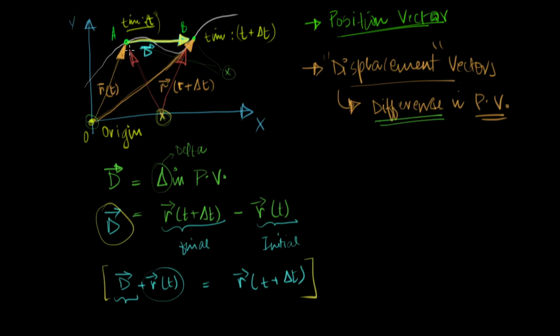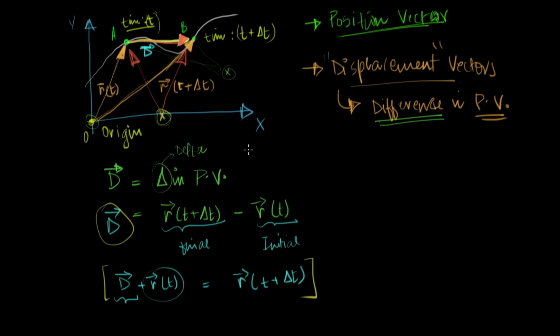But the difference still would have been this. So even when the position vectors are defined with respect to a different origin, the displacement vectors would be exactly the same. The displacement vectors also depend only on the initial and the final position of the body over the time period over which we're considering the motion.